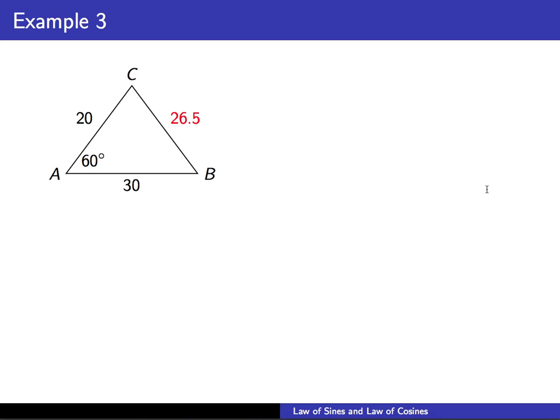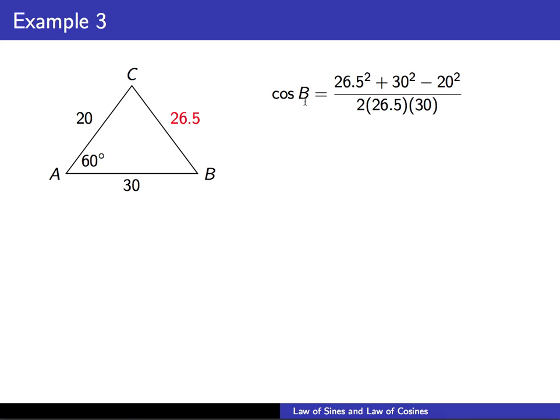Now, for angle B and angle C, it doesn't matter which one we find first. Whichever one we find first, we can then use the fact that the triangle's angles add up to 180 degrees to find the third. So we're going to find angle B just because I had to pick something. So we're going to plug it into that cosine of B from the last video.